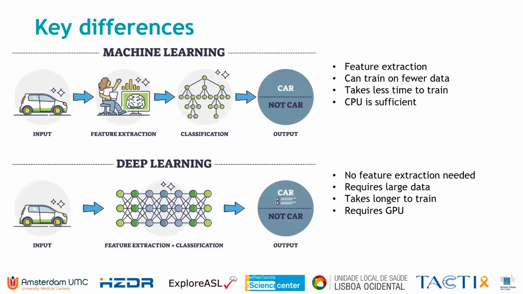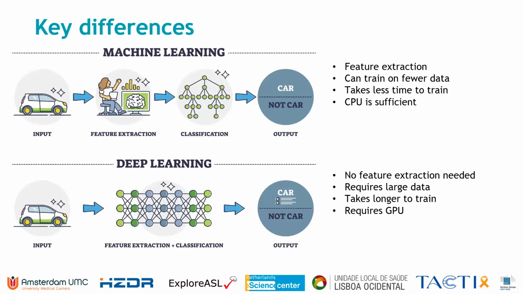Looking a bit closer into the differences between machine learning and deep learning: with machine learning, I now refer to traditional machine learning that does not use these complex layers of networks, whereas deep learning refers to that particular technique. One important difference is that in traditional machine learning, we first have to perform feature extraction.